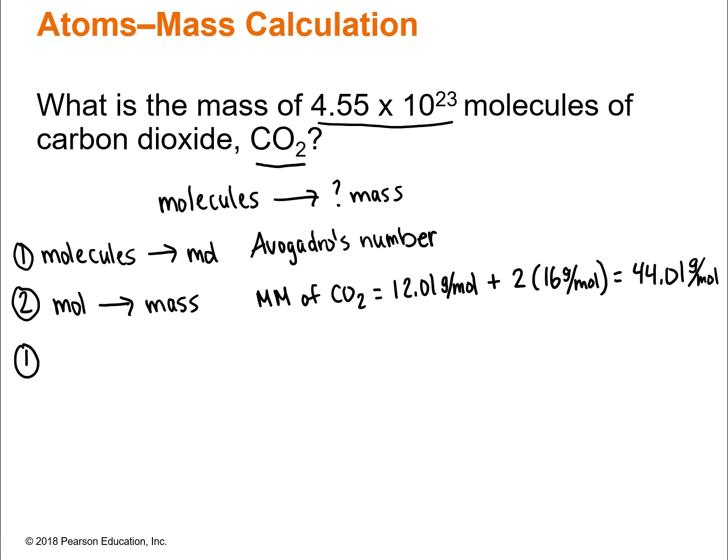Our unit factor for the first one is going to be exactly the same as the last problem. Either one. So I typically will approximate oxygen as 16 grams per mole. That's really the only thing that I approximate.